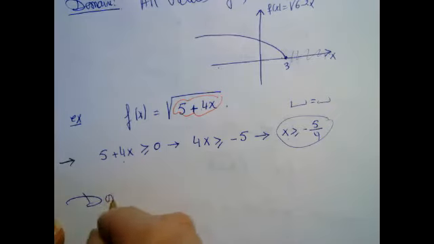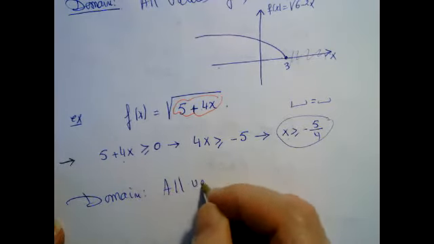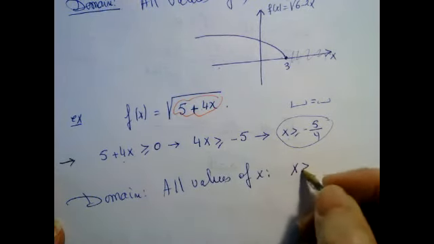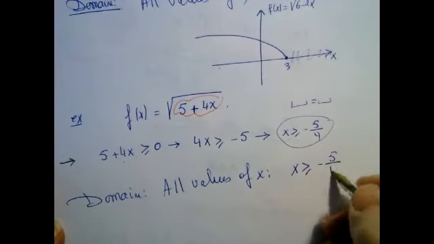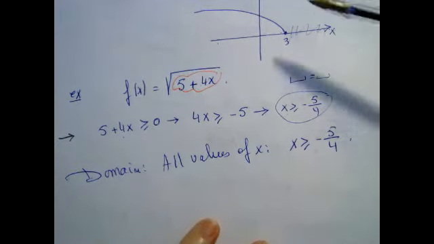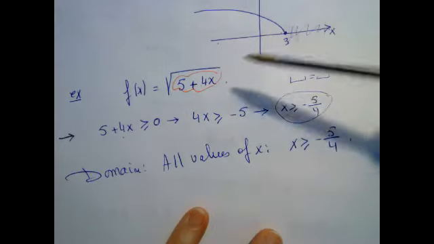So the domain is all values of x such that x is larger or equal to -5/4. Okay. So will -1 be in the domain? Yeah.